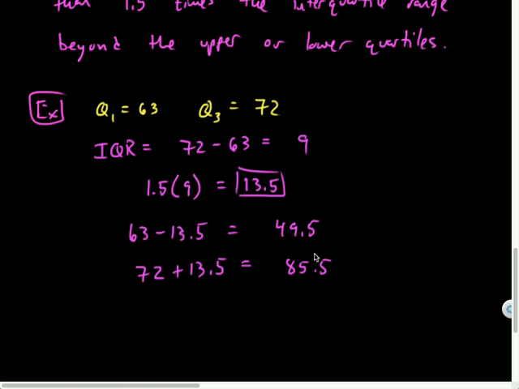So basically any single data point that is less than that or more than that would be considered an outlier. It would be less than 49.5 or greater than 85.5. All right, so that's how I would determine whether or not a point was an outlier. Okay, kind of abstract, right? Kind of weird, but that's the idea of how that works out.